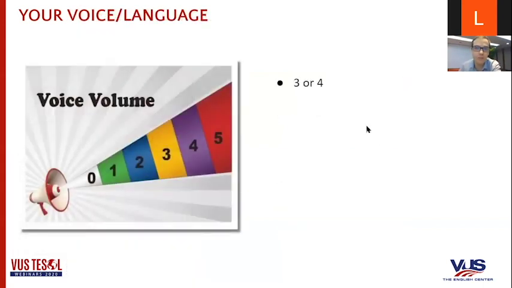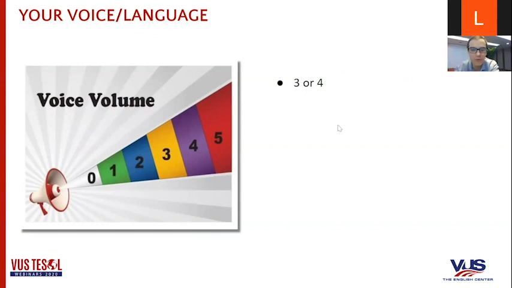Just a word about your voice. So everybody can see the scale here, the scale from 0 to 5. Just like in a real classroom, you want to project your voice. You want to speak a little bit louder, so students in the back of the classroom can hear you. If you're too quiet or too passive, you won't engage students, and part of that is speaking with slightly louder volume.